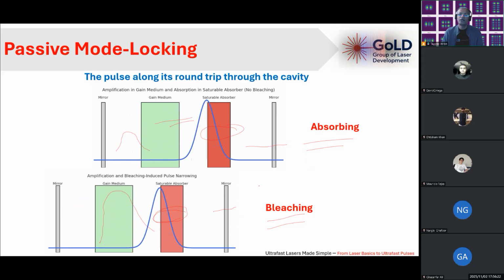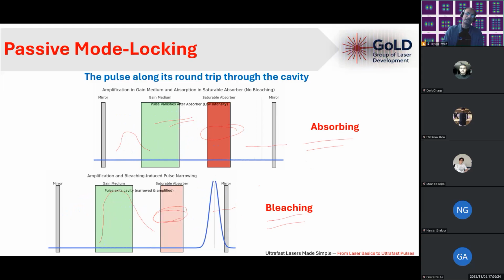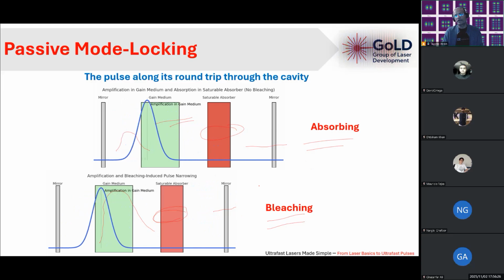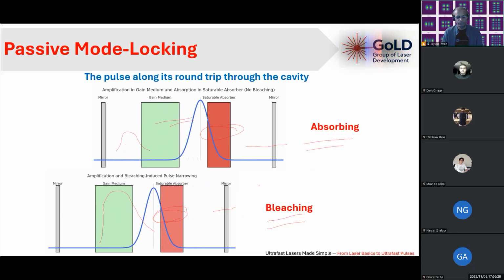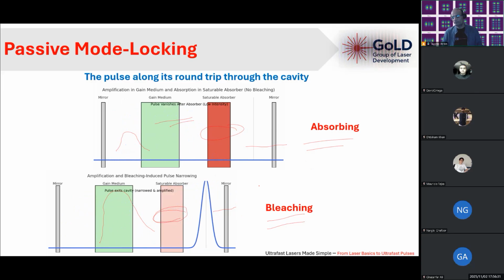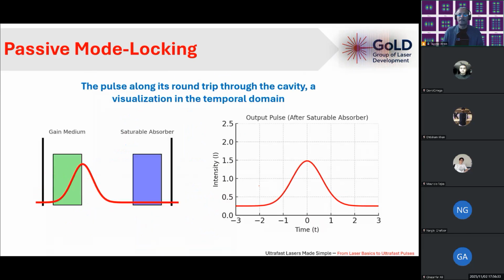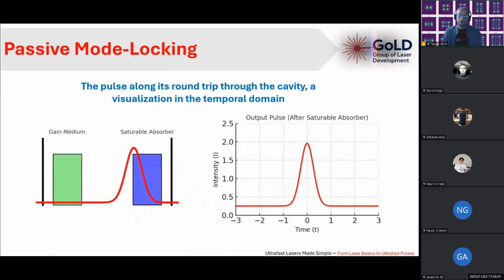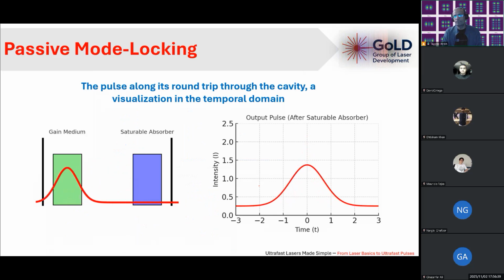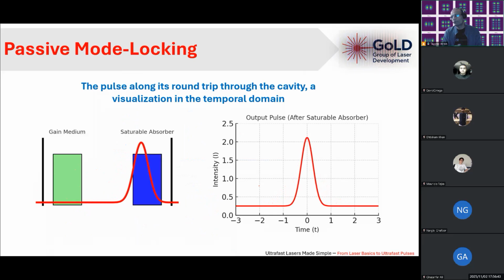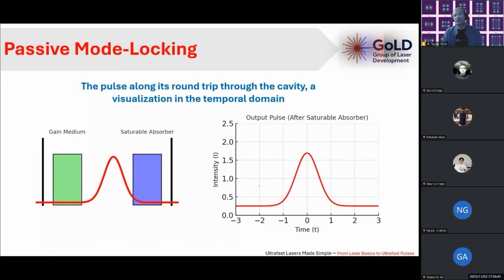Okay, so this animation may help you to understand how it works in the cavity if you have a saturable absorber in the cavity. On the right side, you can also see the graphic pattern here, and the pulse is moving to and fro, back and forth in the medium.